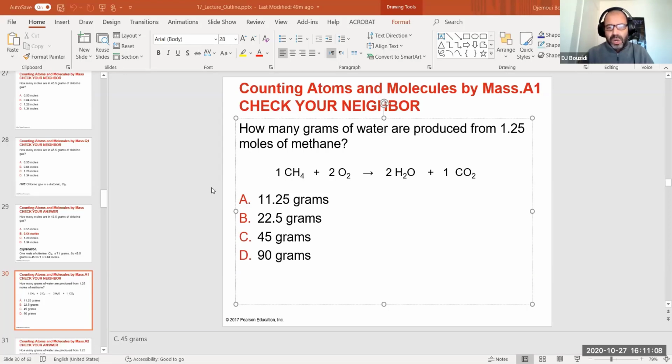And each mole of water, because water is H2O, has 16 for oxygen and 2 times 1 for hydrogen, so a total of 18. So 18 times 3 moles is 54. Does anybody else agree with Naomi?